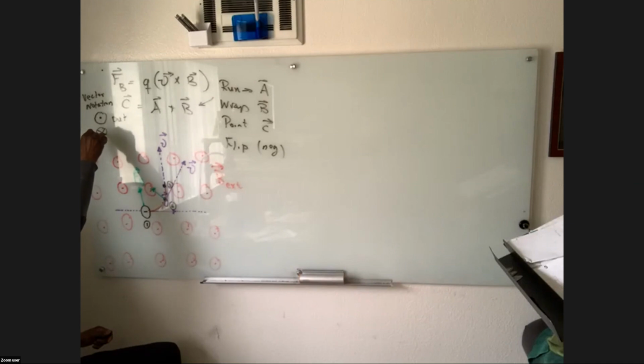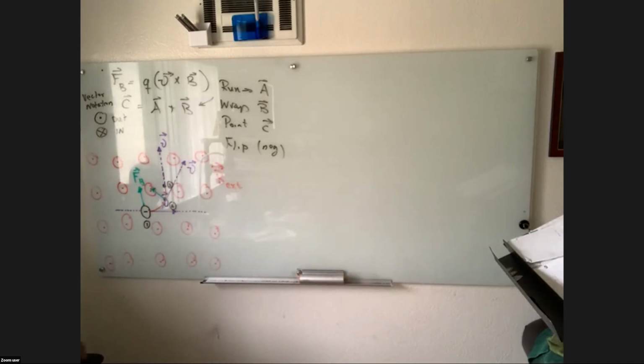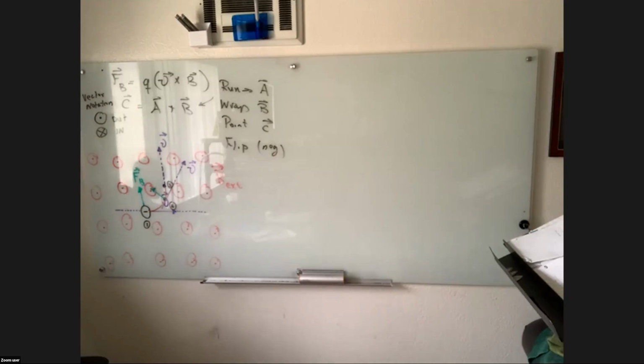When you have a circle and a cross, that means the vector is pointing in. You remember we said that several times over the course of the semester? Yes, I do. Okay, that's the notation I'm using here.